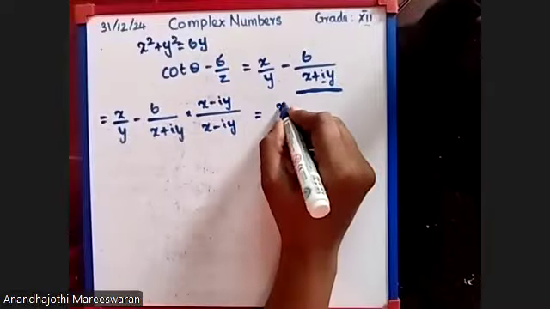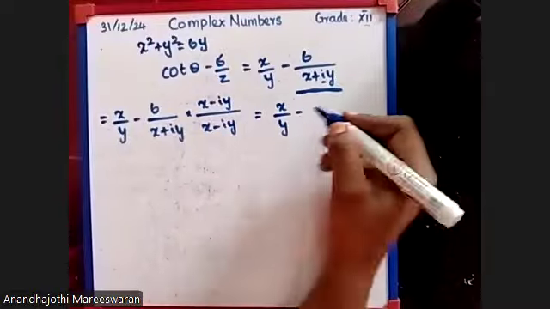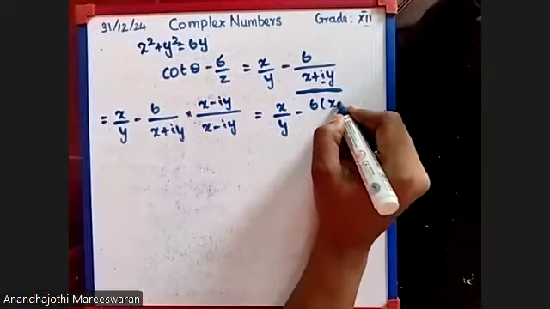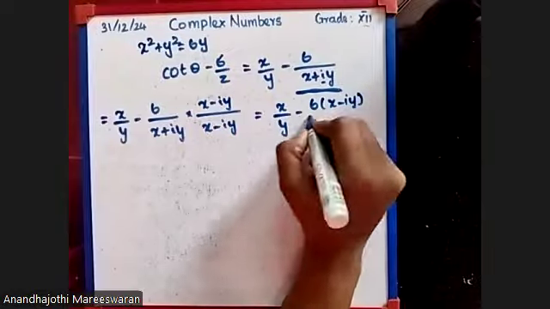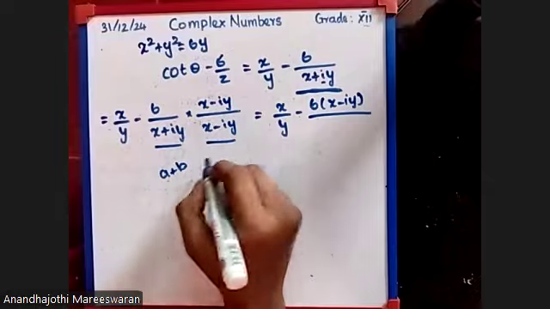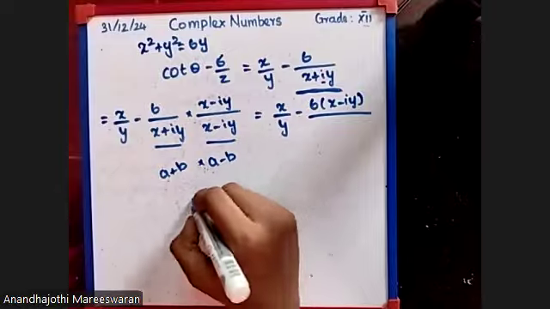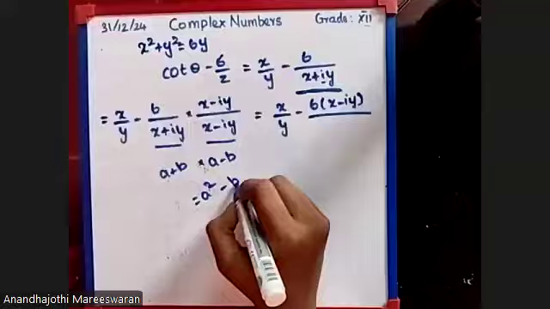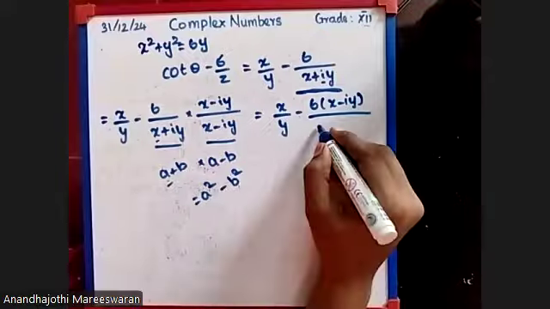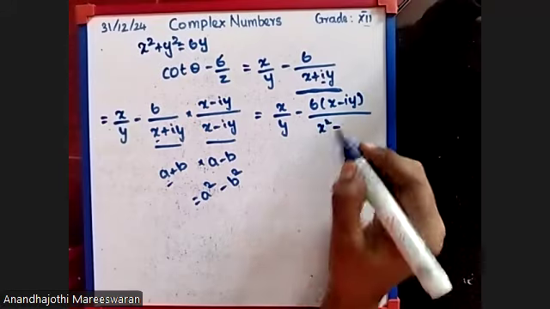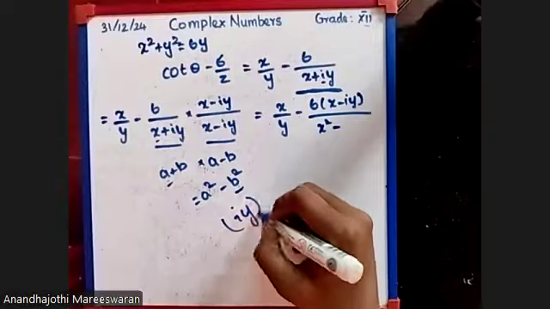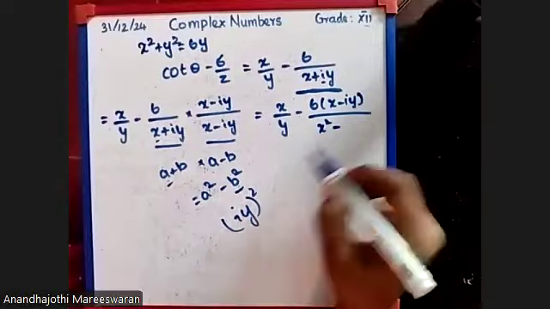Which equals x minus y minus 6 multiplied by x minus iy divided by, it is in the form of a plus b multiplied by a minus b, which equals a squared minus b squared. So who is in the place of a? x. So x squared minus, who is in the place of b? y. So iy the whole square, right?